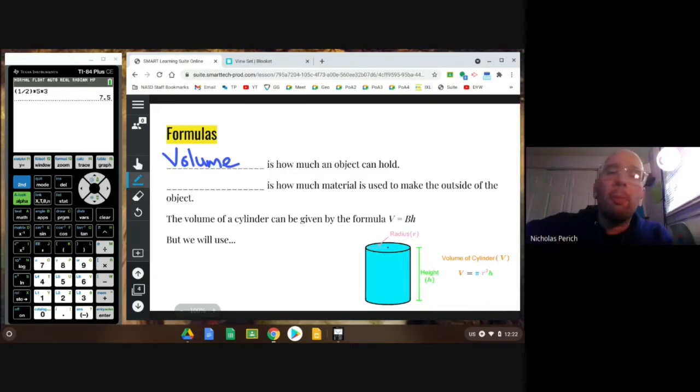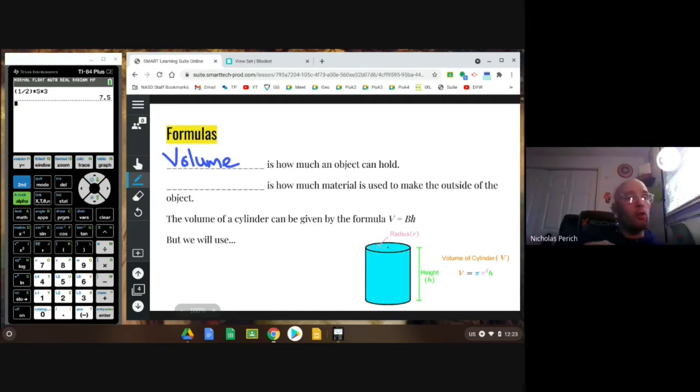If I were to take my mug here, which is filled with pens, and dump this out and put water in this mug, which, by the way, says I'm the best dad ever, the amount of water that I put into this mug is the volume. Now, the material that I use to make this mug, or if I wanted to paint the outside of this mug, that is called surface area.